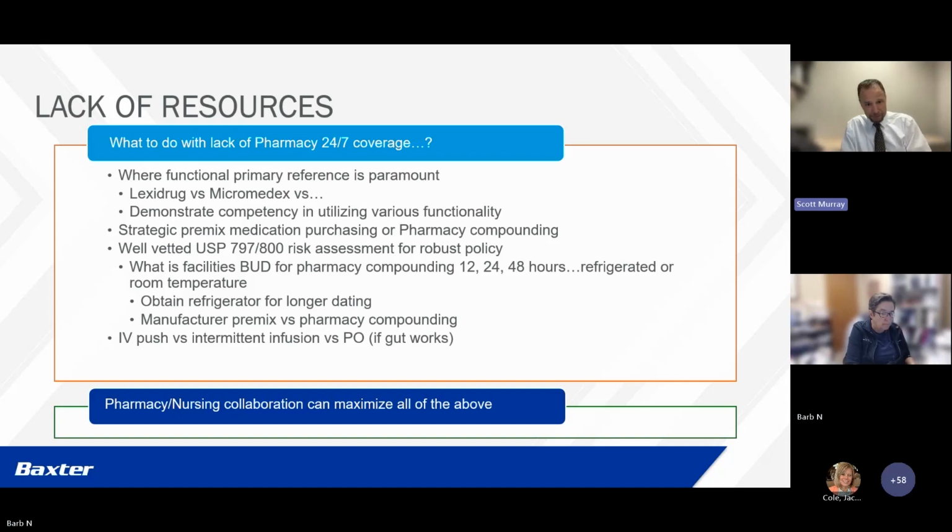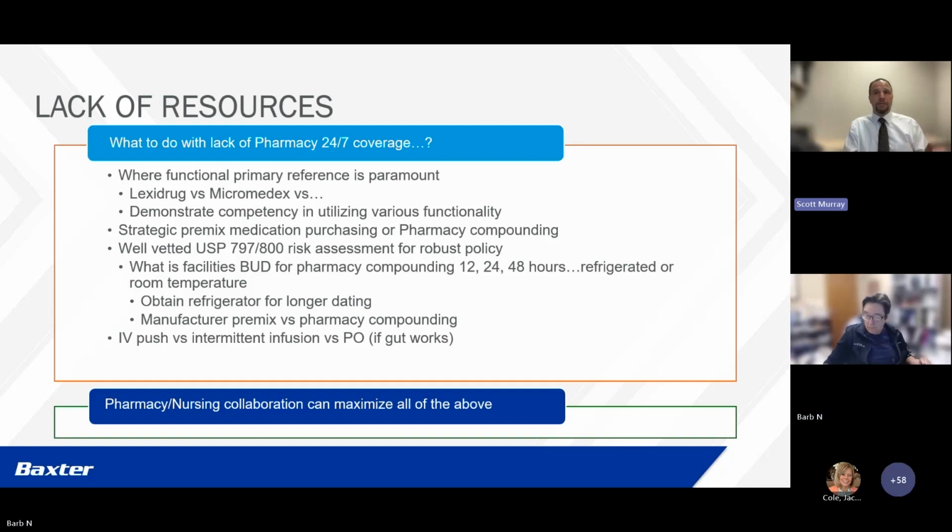A well-vetted USP 797 and 800 risk assessment is going to be paramount. Are these medications hazardous drugs that nursing can't compound, and it's still in the Pyxis, which we'll get to later, as a holdover from a risk assessment?